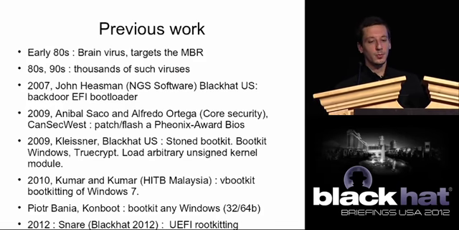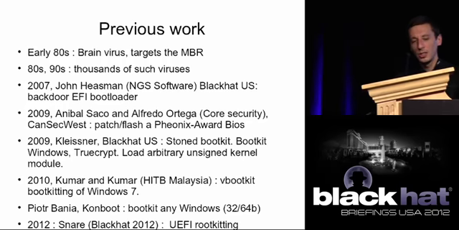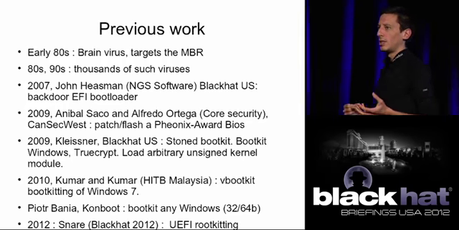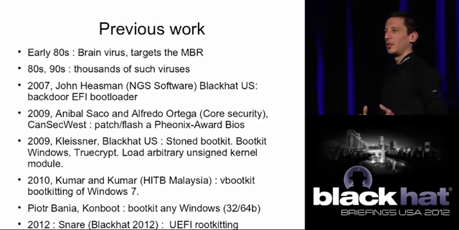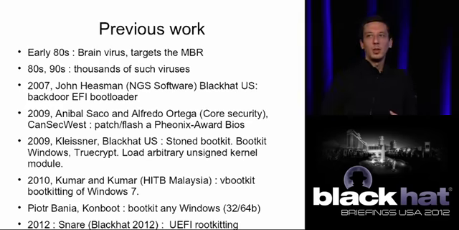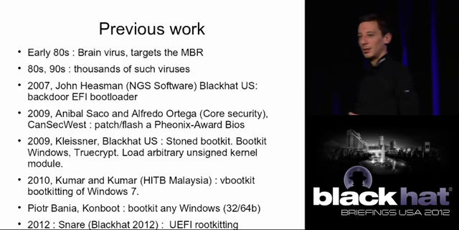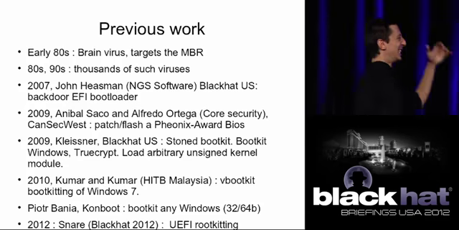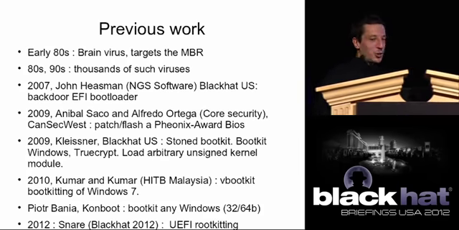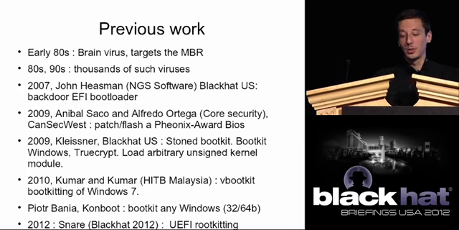Then a bunch of people worked on bootkitting. Again, not exactly from a backdooring perspective, but more to elevate privileges. Everybody's familiar with what a bootkit is? Too easy? Okay. So the best commercial bootkit you can find these days is the one from Portcullis.